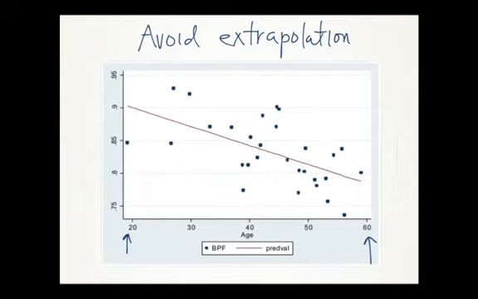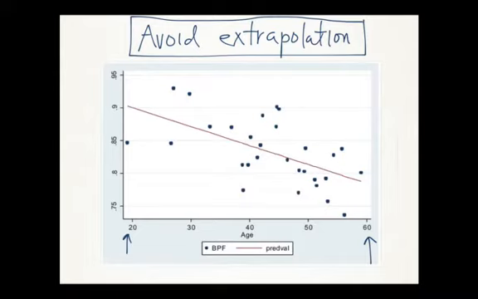And so when we say avoid extrapolation, what we mean by that is, since we only had people between age 20 and 60, we shouldn't be making predictions for people age 70 or 80, for example, because we have no data there. Or for kids, 10 or 15 years old. We only want to make predictions in the range that we collected data. So here between 20 and 60. Okay, so avoid extrapolation.